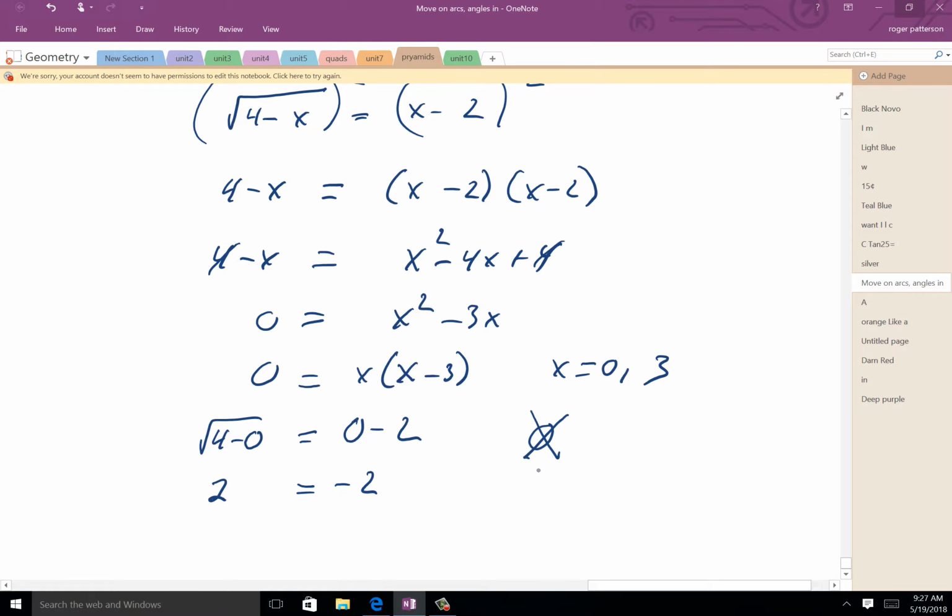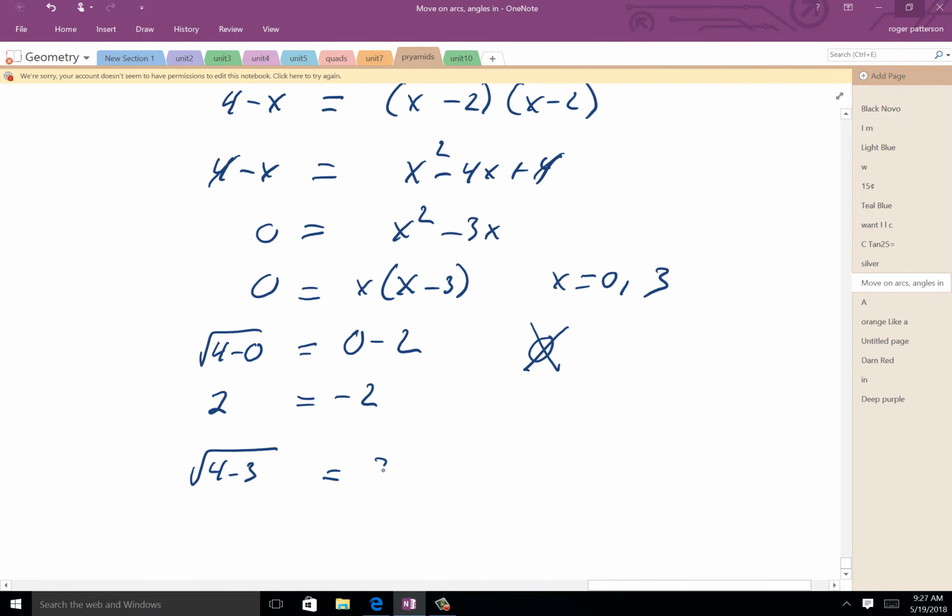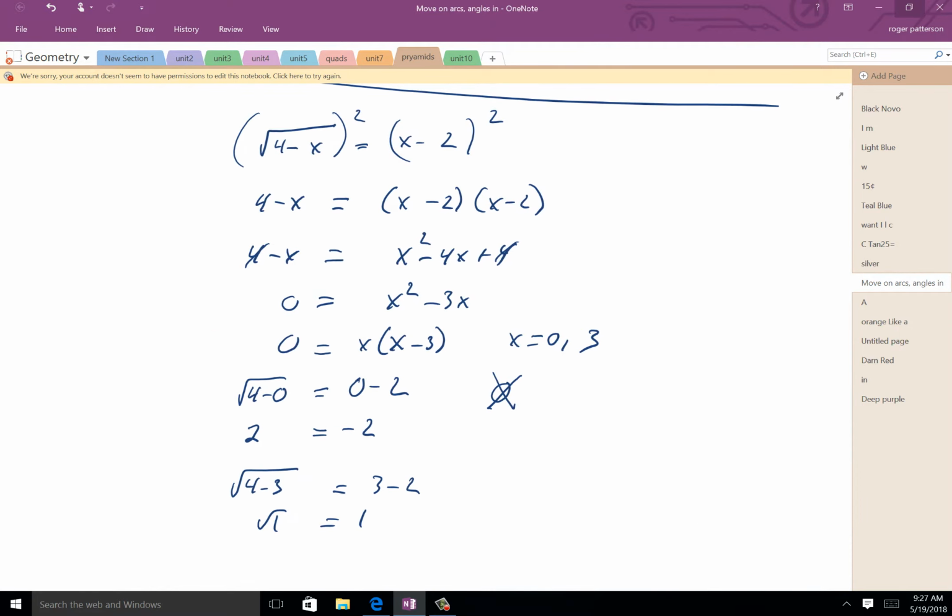Then I would check the 3. And that one works. Like I said, sometimes if you look at this problem, it took almost as much work to check it as it did to actually come up with an answer.